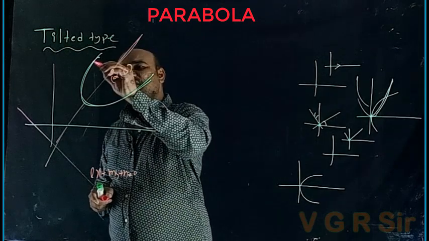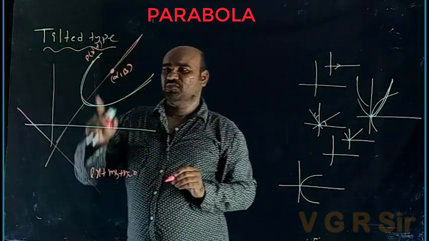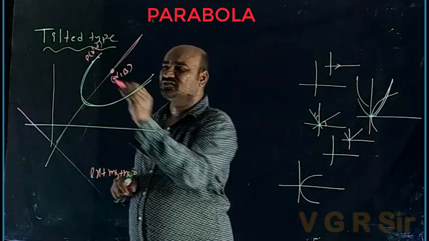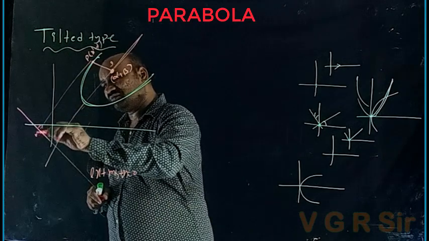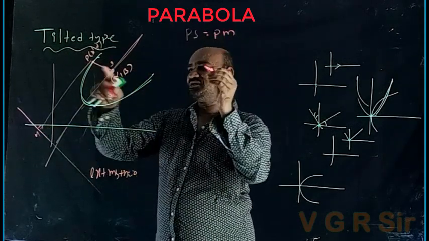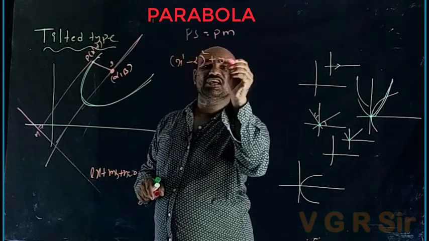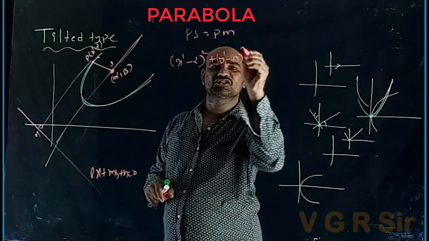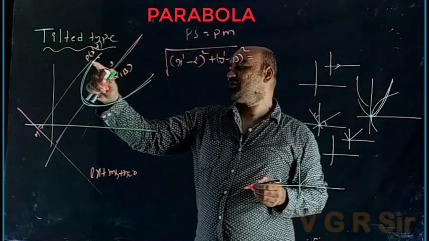Let P(x dash, y dash) be a point on the parabola, or the required locus. So the length PS equals PM. PS means the distance: root over x dash minus alpha whole square plus y dash minus beta whole square, equal to the distance from this point to this line.